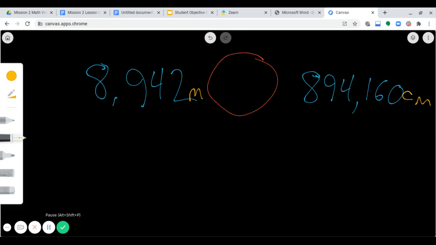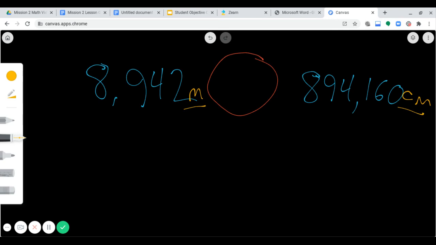They're different units, so I can't just say that 8,942 is less than 894,160 and therefore this is greater. No, because they're in different units, meters and centimeters. We can't compare them until they're in the same unit. So let's put them in the same unit.